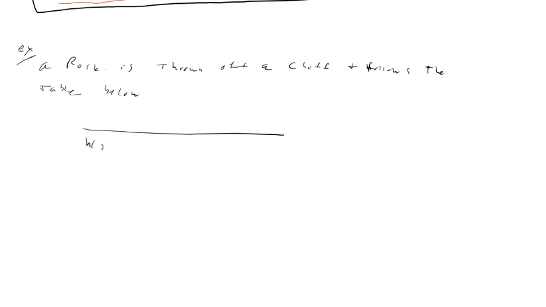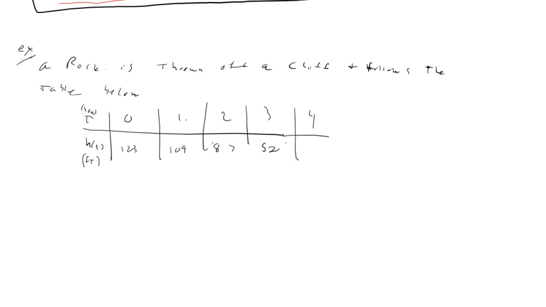Time at 0 seconds, 1 second, 2 seconds, 3 seconds, and its height is 123 feet, then 109 feet, 87 feet, 52 feet, and at 4 seconds we're at 30 feet.